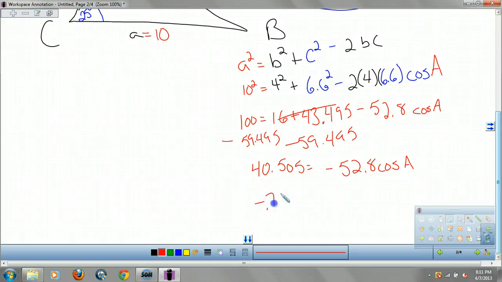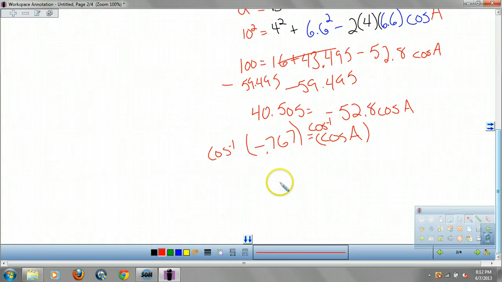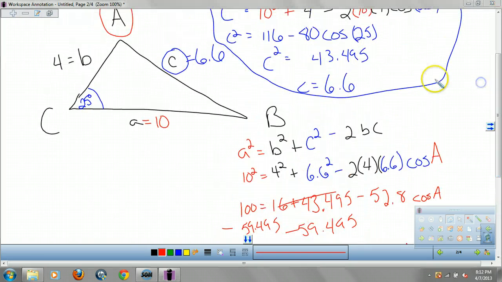You get negative 0.767 equals cosine of A. Then we arccosine both sides. And you get A, there's about 140 degrees. Phew.